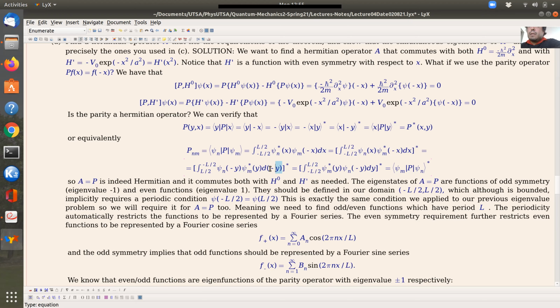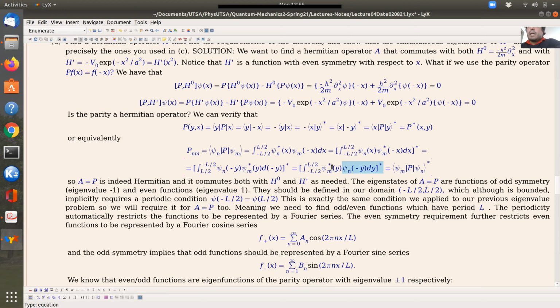Then this is differential of minus y, and then I have flipped the order of integration. So the effect of this minus is to basically bring back the good order of integration for this part. And then I'll reorder things, just putting this on the other side under the new variable, psi m star of y, and then psi n of minus y, all this integral conjugated.